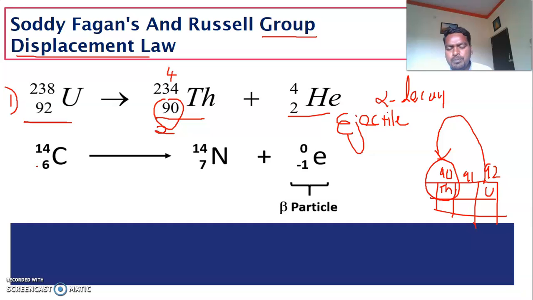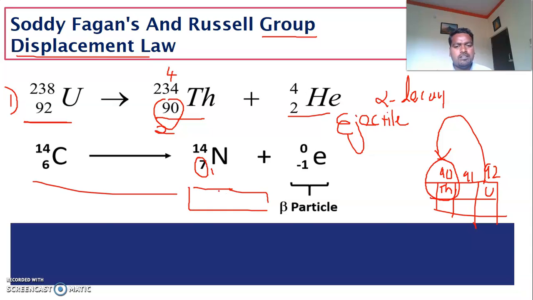And you just observe beta decay. In beta decay, the atomic number is increased by 1 unit and the mass number remains the same. For example, consider carbon-14 in the periodic table. It undergoes beta decay, then it is converted into nitrogen.